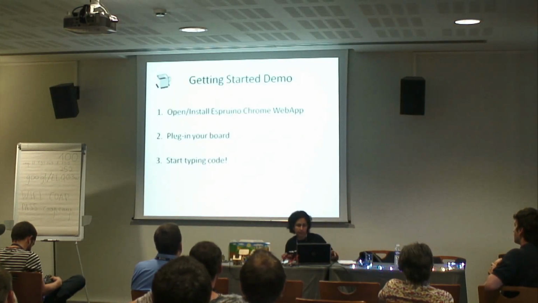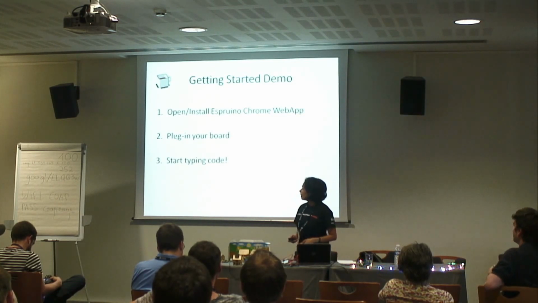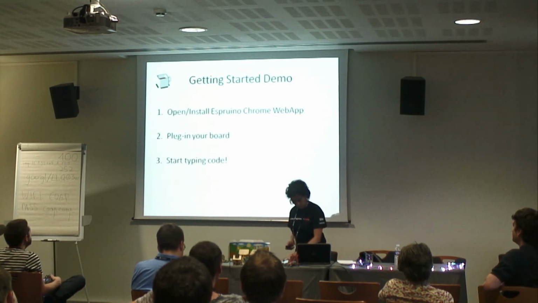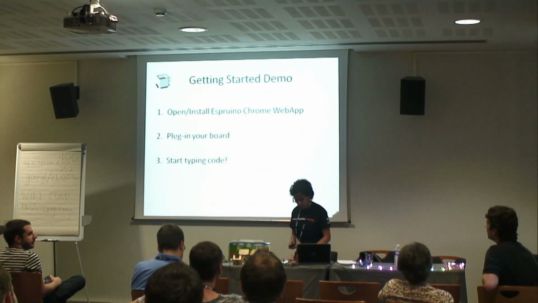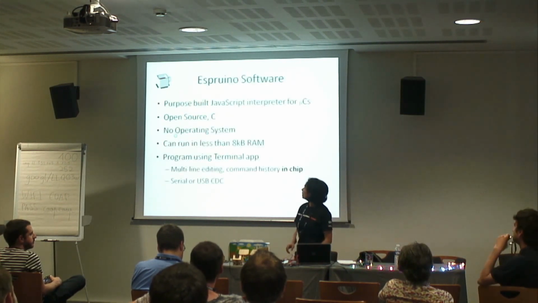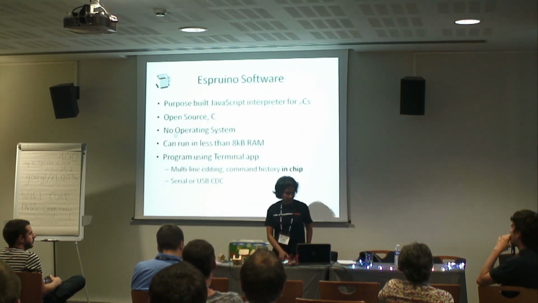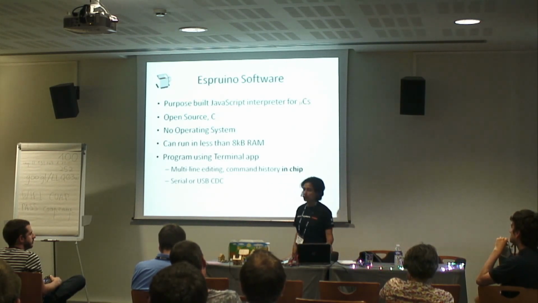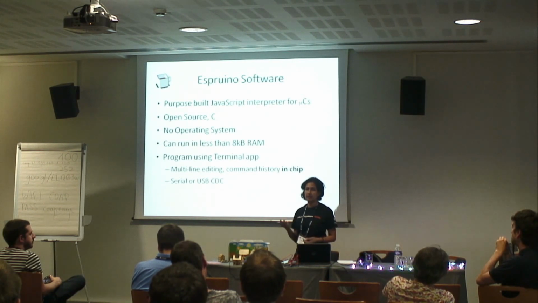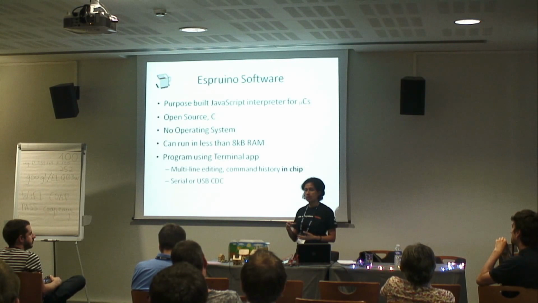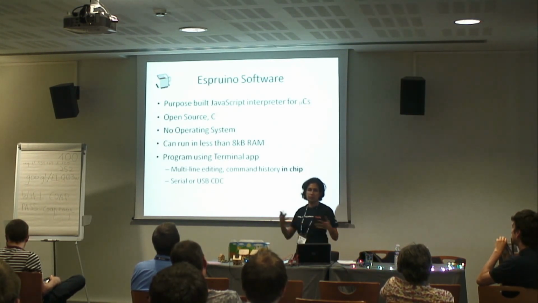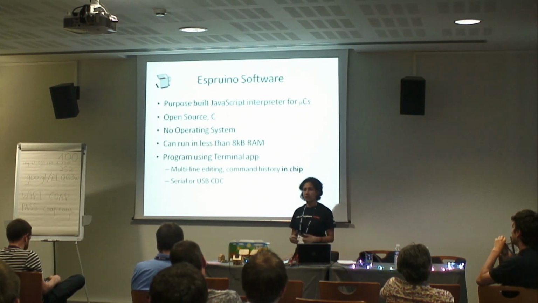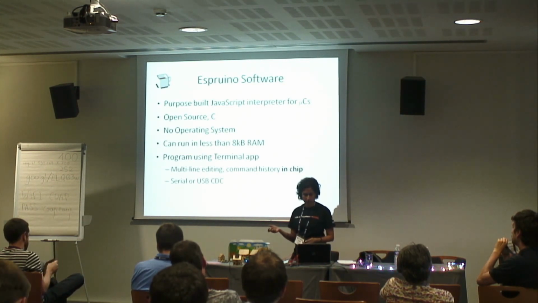Back to the slides. Right, so if we look at what's actually happening, we've got Espruino software running, which is a little interpreter written in C. It's purpose-built for microcontrollers, so you couldn't just take an existing JavaScript interpreter, because that's designed for computers which have lots and lots of memory, not for little embedded systems.